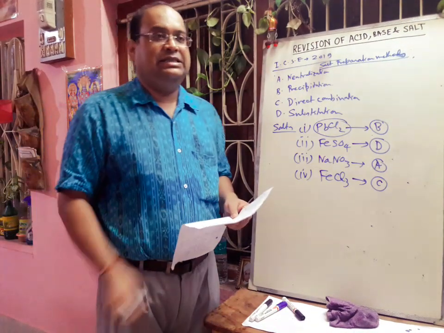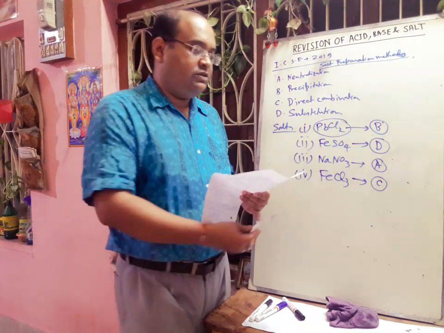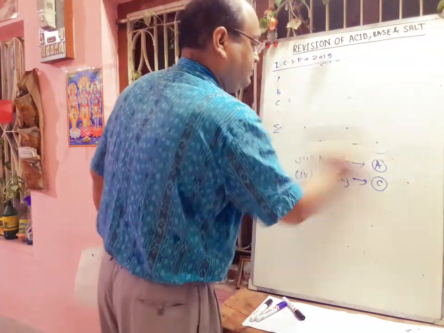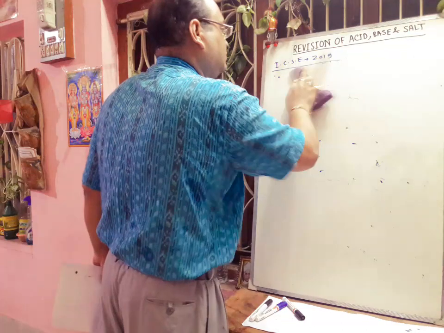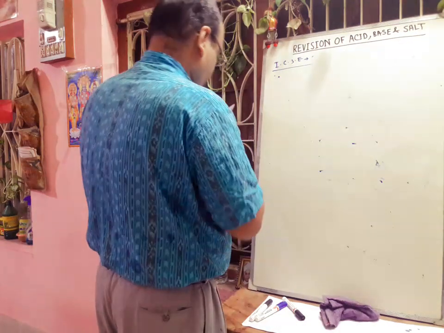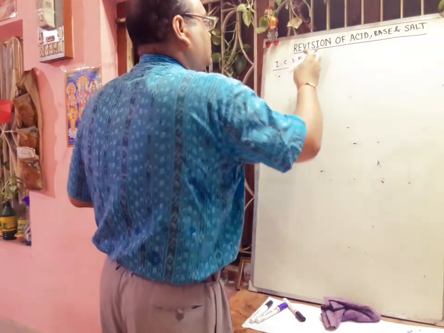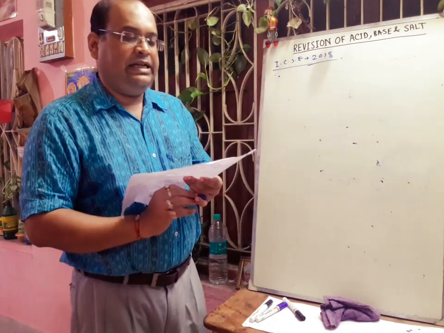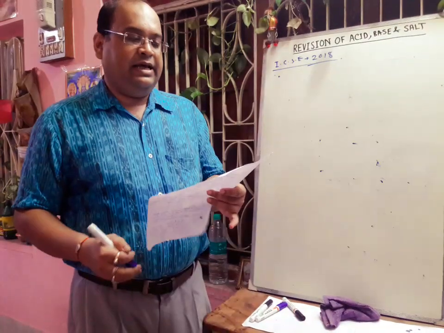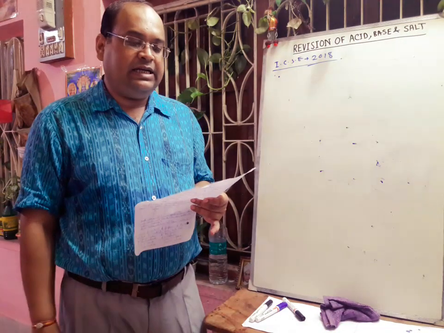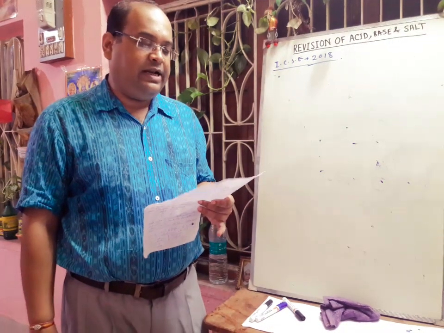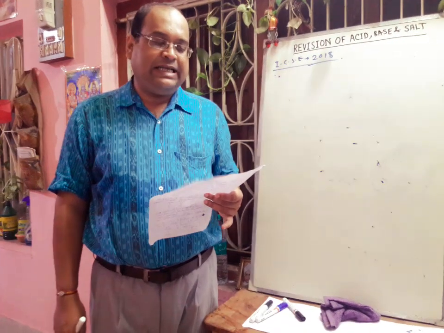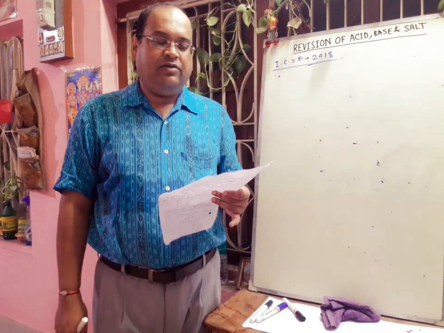Next we discuss the year 2018. In 2018, the first question is given: the property by which certain hydrated salts, when left exposed to the atmosphere, lose their water of crystallization and crumble into powder.